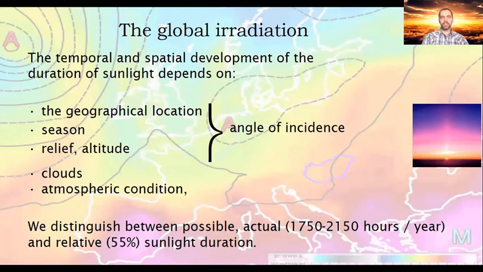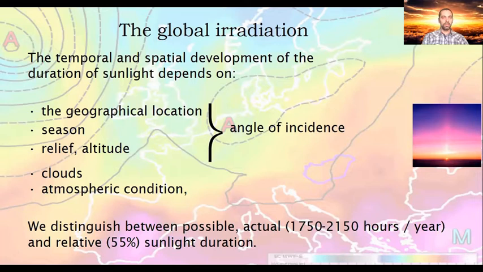Every point on the Earth gets sunlight for at least a part of a year. The amount of solar radiation reaching any point of the Earth's surface depends on, first of all, the geographical position, the season, the relief, in other terms the angle of incidence of the sunshine, and the light transmittance of the air, the clouds, and atmospheric conditions.